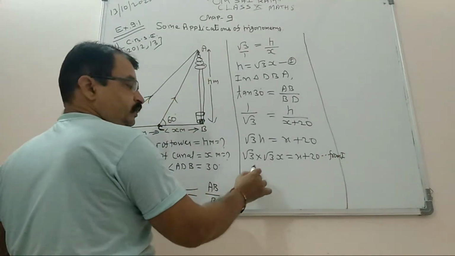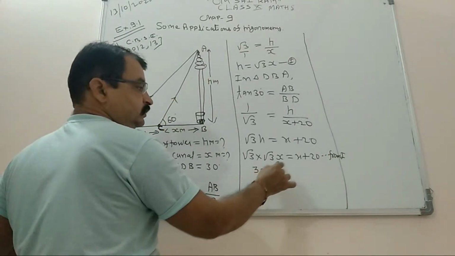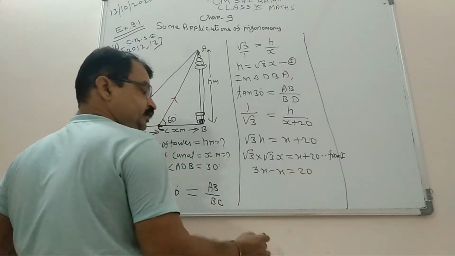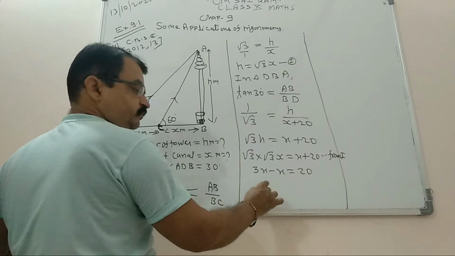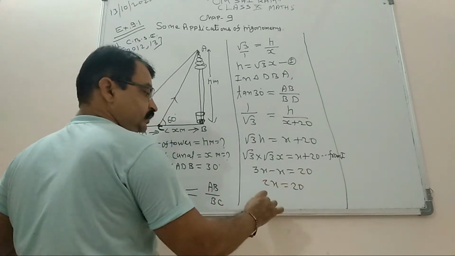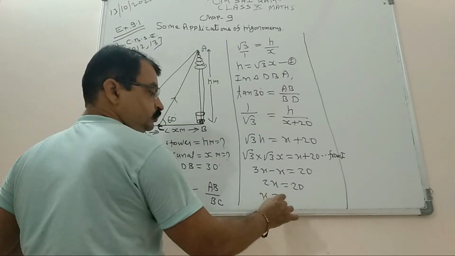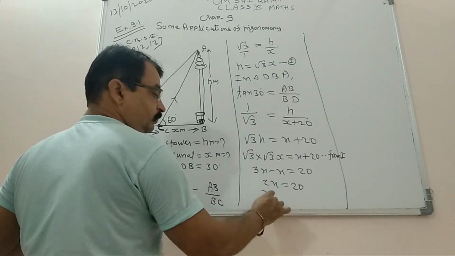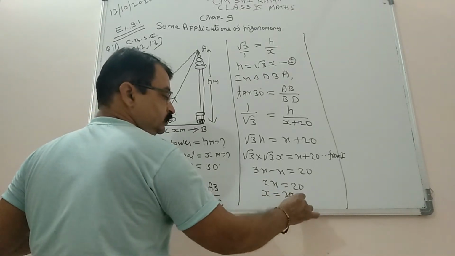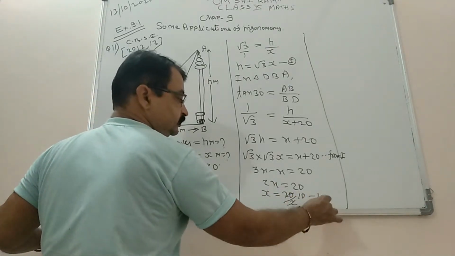So root 3 of root 3x you will get 3x, transpose x: 3x minus x equal to 20 children. 3x minus 1x you will get 2x equal to 20 children. Therefore x equal to 20 upon 2, that is 10 children.